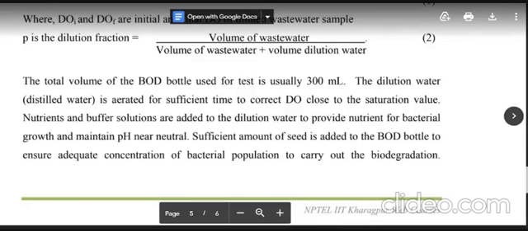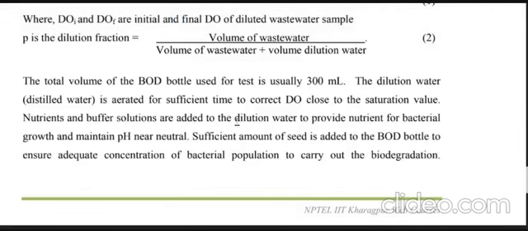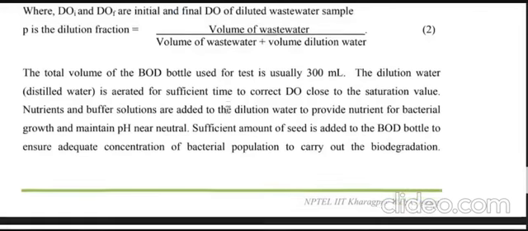But maybe in between the 2 or 3 days, all the oxygen is consumed, so the bacteria get killed, and some of the organic matter may still be present but is not decomposed because of the unavailability of oxygen. So that's why we always do a dilution for conducting the test. Fine, are you getting my point?